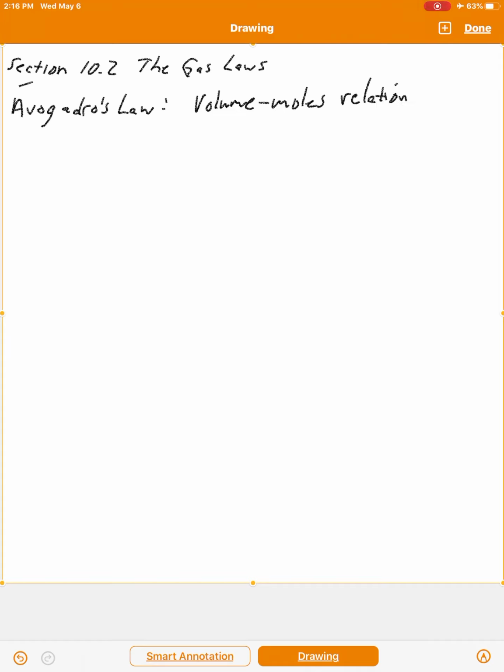Okay? So this essentially says that if you put more gas into a container, and the container can inflate or increase in size, it will. The more gas you put into a balloon, the bigger the balloon gets, right? So we want to think about this in terms of a balloon. The more gas that you have in a balloon, the bigger it gets.